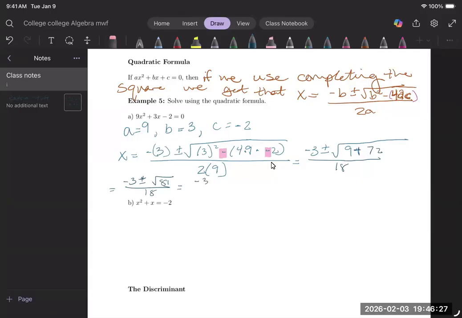So then the square root of 81 is 9. So it's negative 3 plus or minus 9 over 18. And then 3, 9, and 18, of course, all have a 3 in common, so we're going to reduce that down.